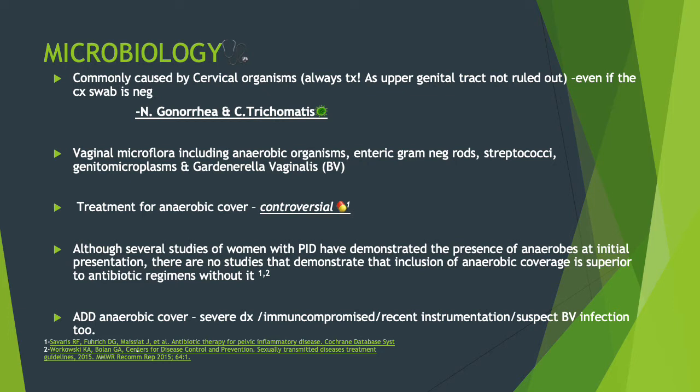Therefore, the latest Cochrane database systematic review advised us to add anaerobic cover in particularly severe disease, immunocompromised patients, recent instrumentation, or if we suspect concurrent bacterial vaginosis. This is the majority of our patient population. Therefore, our guidelines are mostly aimed at adding in anaerobic cover.